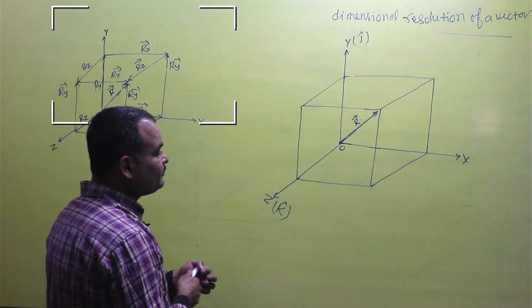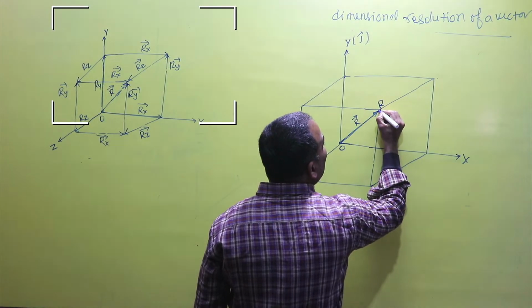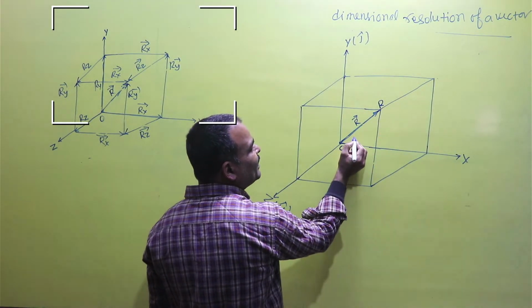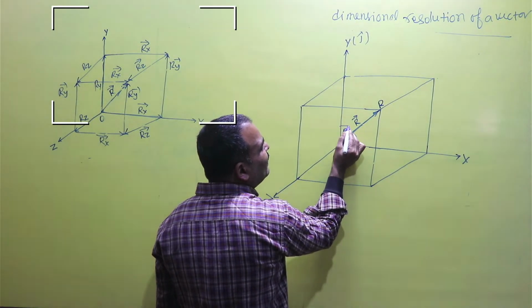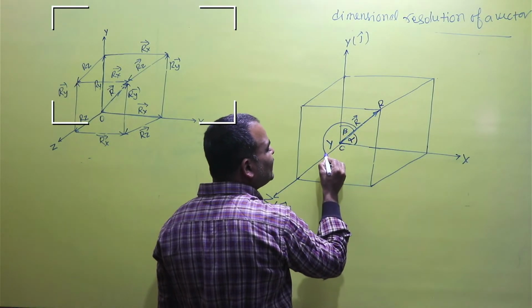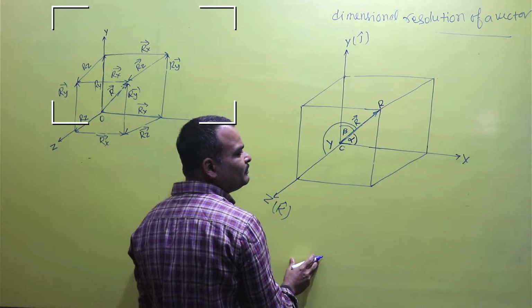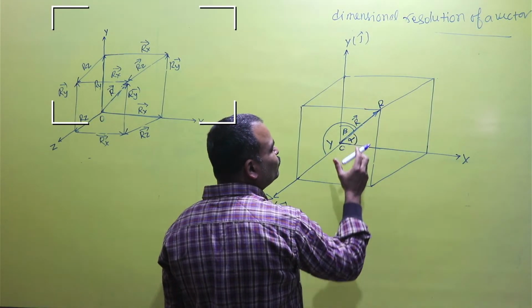Let the vector OR is vector R, and making angles alpha, beta and gamma to the x, y and z axes respectively. Now we have to resolve the vector R into two parts.